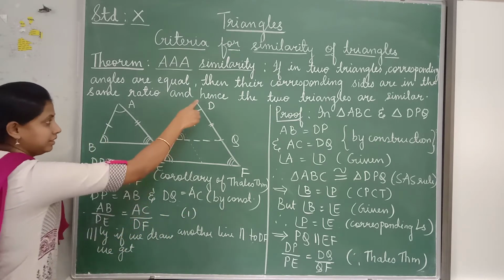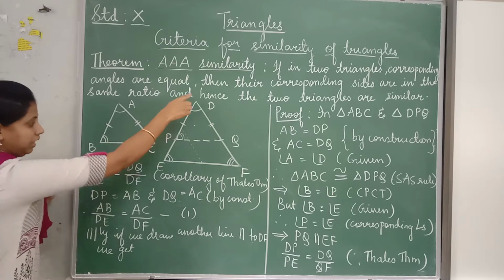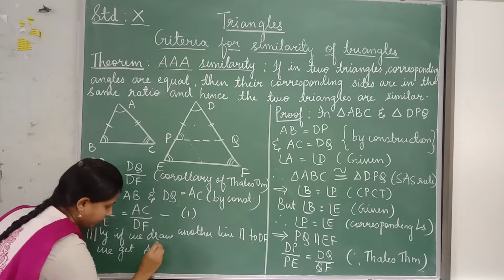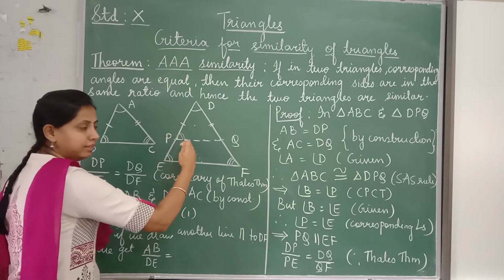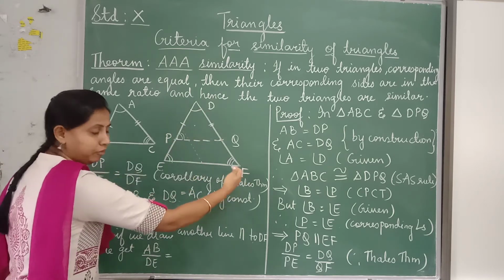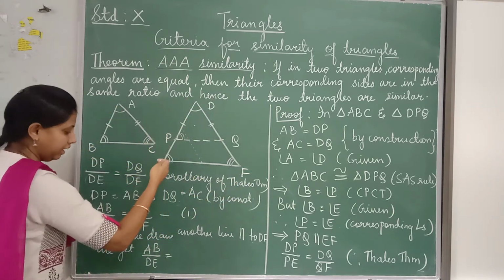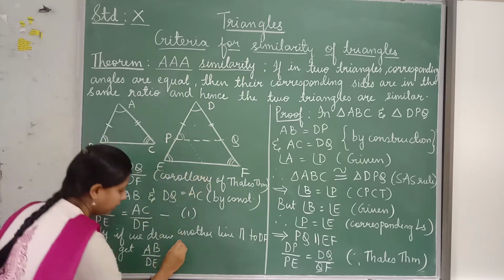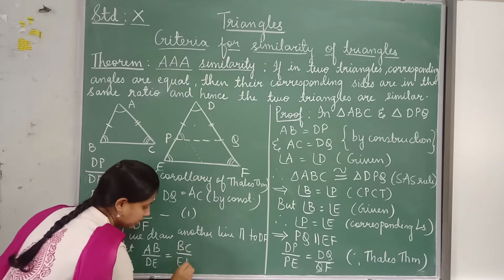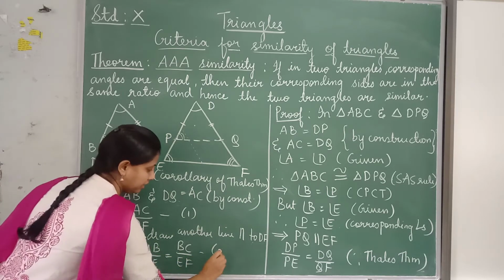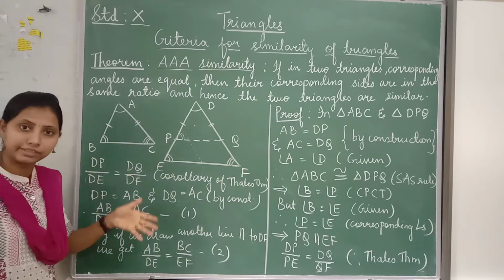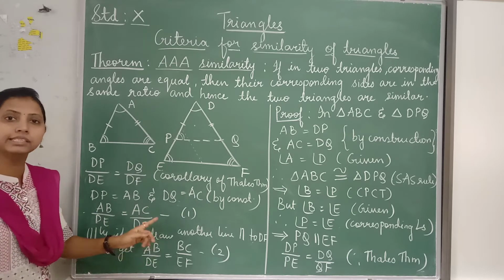We will get this side, that is AB upon DE is equal to, if we draw here parallel, if we prove this line is parallel to side DF, we will get AB by DE is equal to BC by EF by the same steps what we followed now. So this we will keep as second equation. Don't need to prove it once again everything. We will just write similarly.